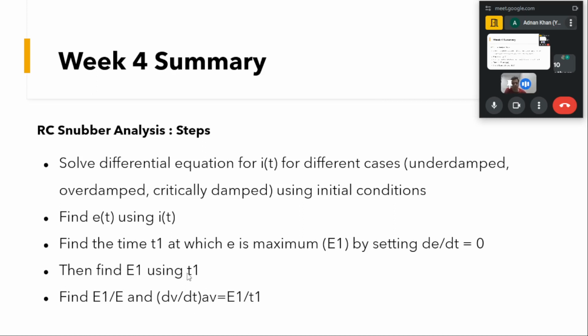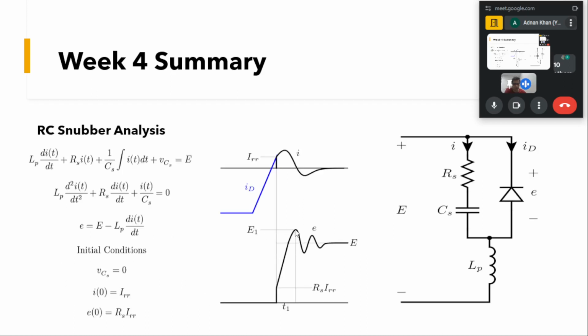And after that, we calculate dV by dt average, which is equal to E1 divided by T1, that is, E1 in T1 time.